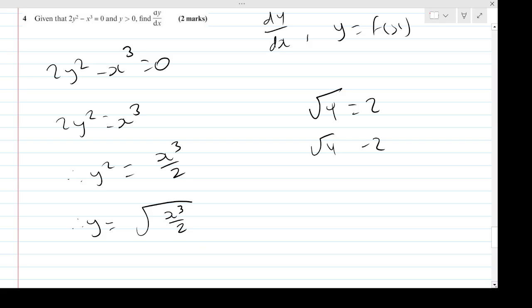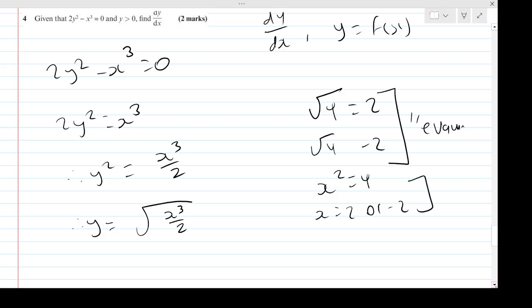But what you would say is that if x squared equals 4, then x would be 2 or minus 2, okay? So notice the key difference: this is only evaluating a root in the first example, and this is solving.